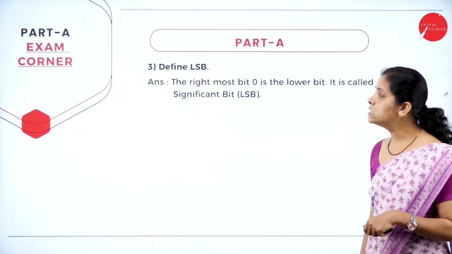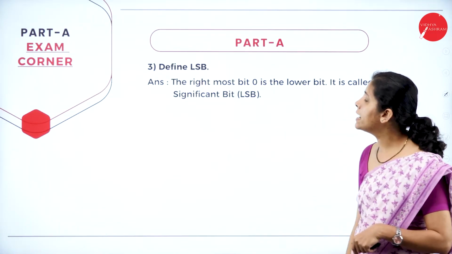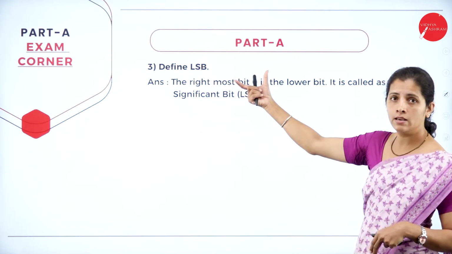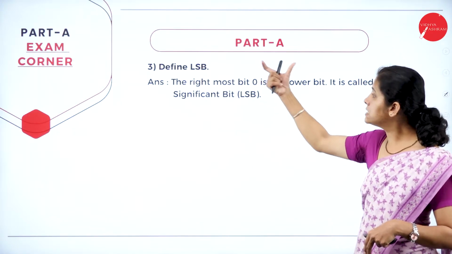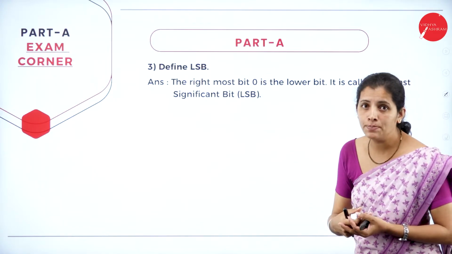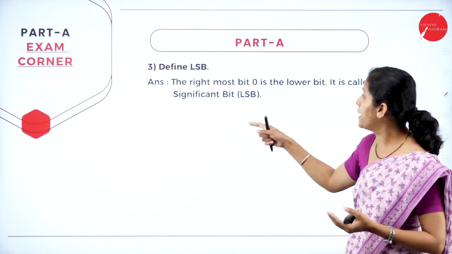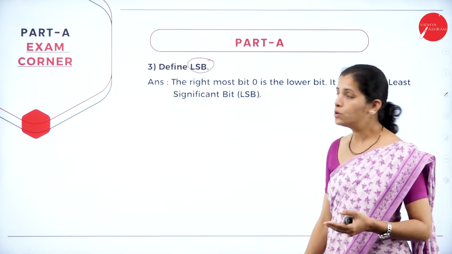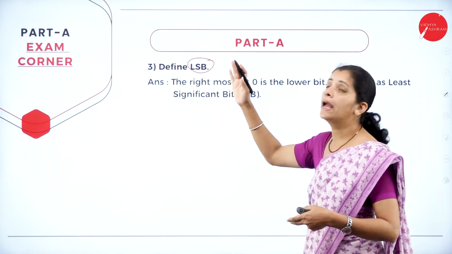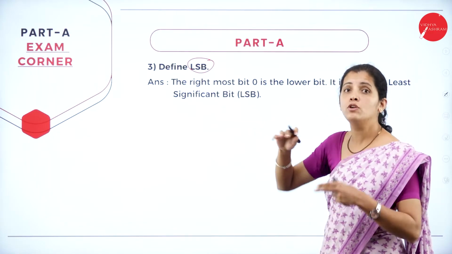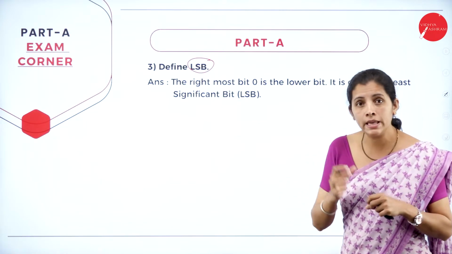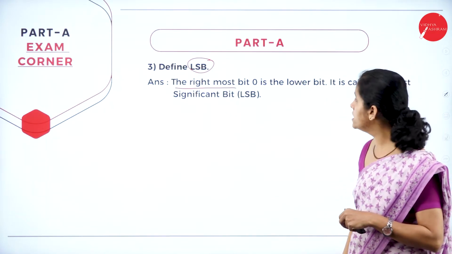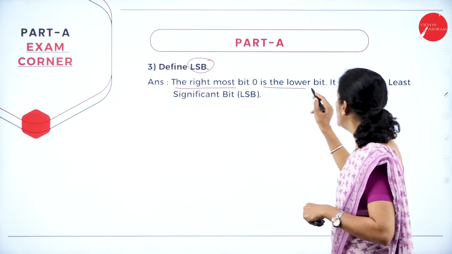Then what's the third question? That is define LSB. If the question is like expand LSB, then you want to expand. So it is least significant bit. But here it is defined LSB. That means I want to define what LSB is. The rightmost bit 0 is the lower bit.